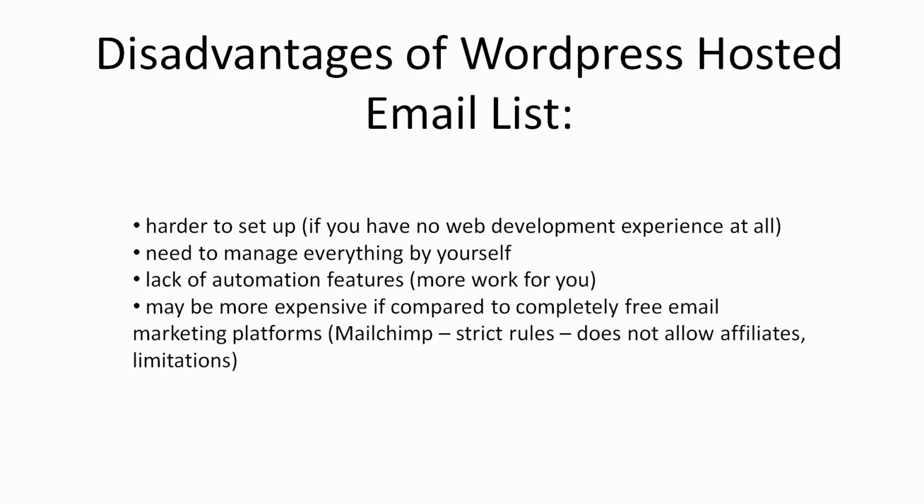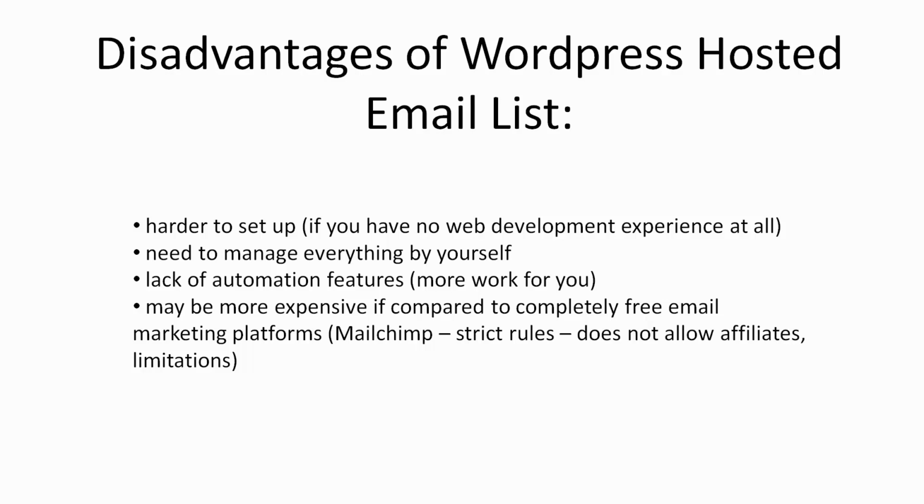And the fourth disadvantage, sometimes it may be more expensive, but we're not going to compare it with Mailchimp since it's free for up to 2,000 emails, but these guys have strict rules, so they don't allow affiliates and they have other limitations.